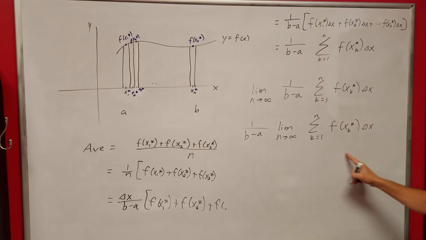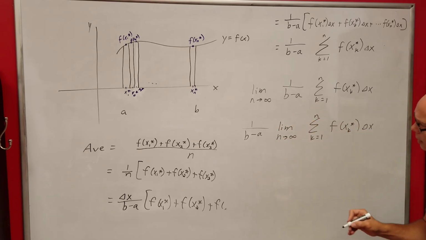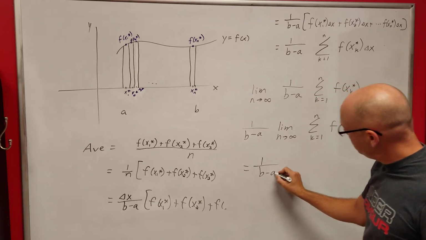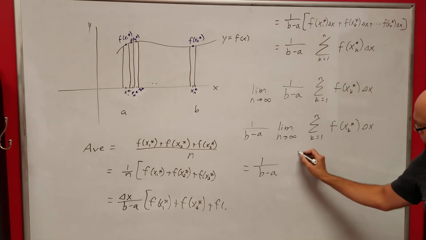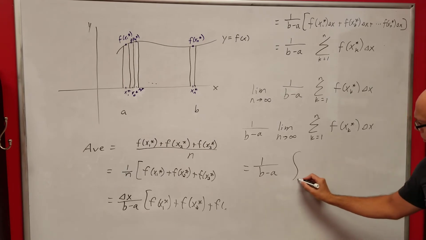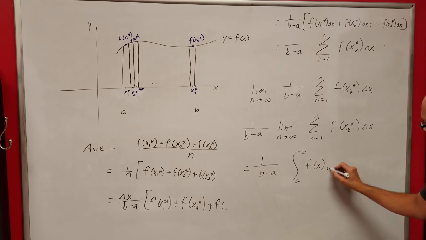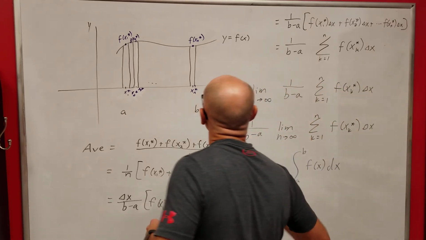But what does this part look like? That looks like the definition of an integral, right? So I could say it's 1 over b minus a times the integral from a to b of f of x dx. So what does this give us? This gives us the average value of a function.